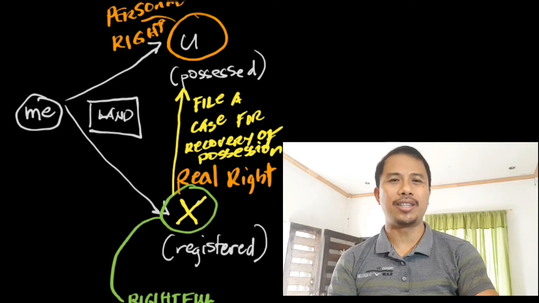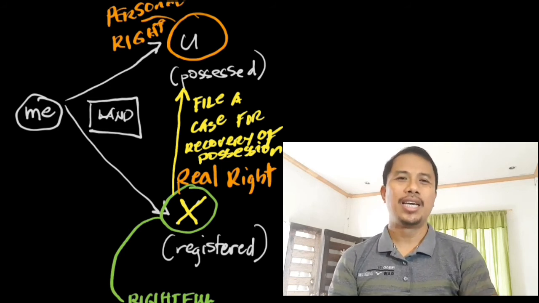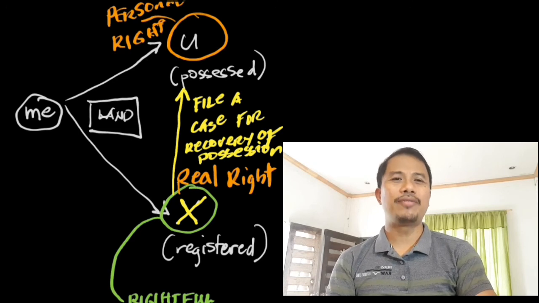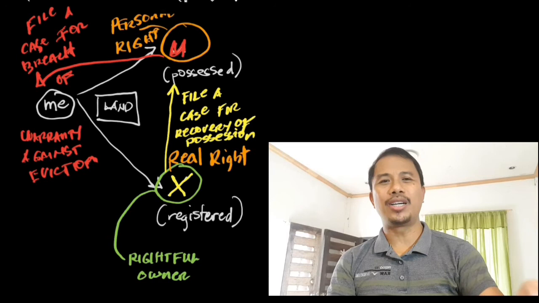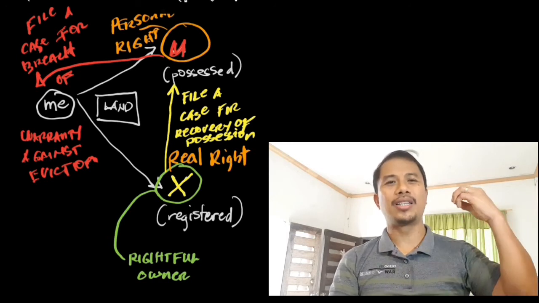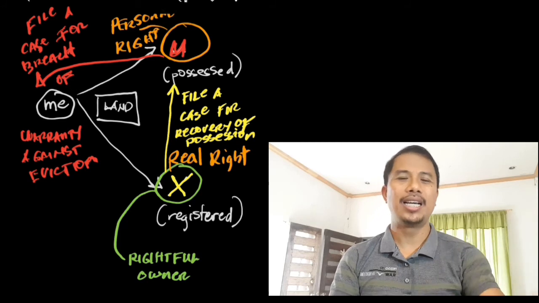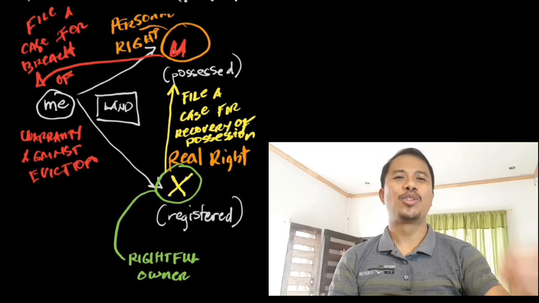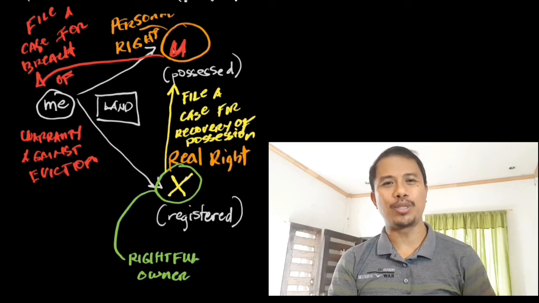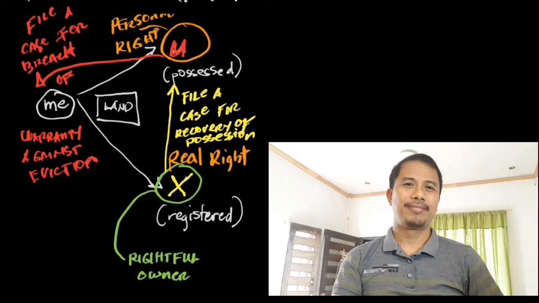So what right do you have? It's a personal right. What does it mean when we say it's a personal right? The right that you have is just to file a case in court against me as the seller, to recover damages, but not to recover the possession and ownership of the land.